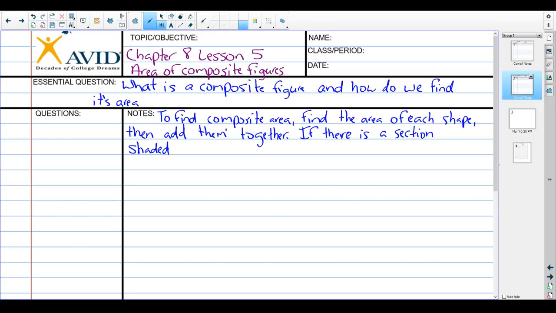Okay. There's notes to find. Composite area. This could be bad. This could be bad. And a section unshaped.